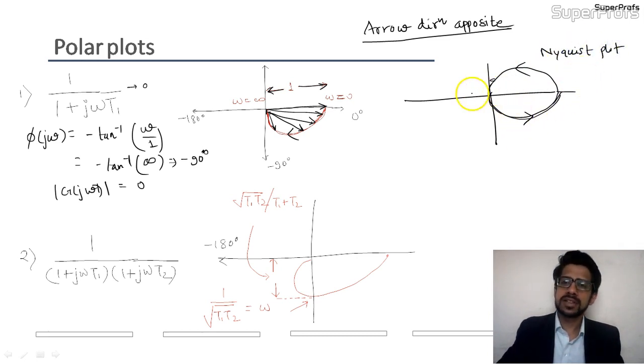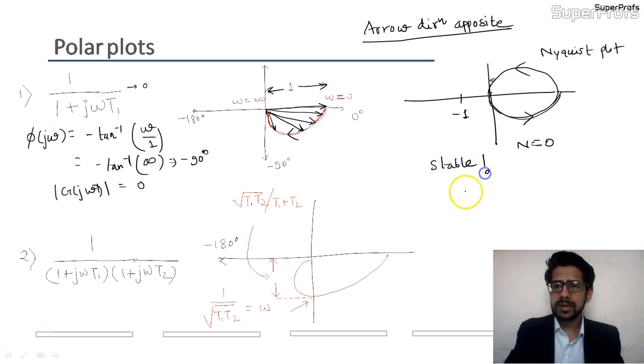But for this function, the minus 1 point is here, and this particular Nyquist plot is not even enclosing it. So in this particular system, n is equal to 0, and hence this system that we are seeing is stable. Okay, for n equal to 0, this system is stable.